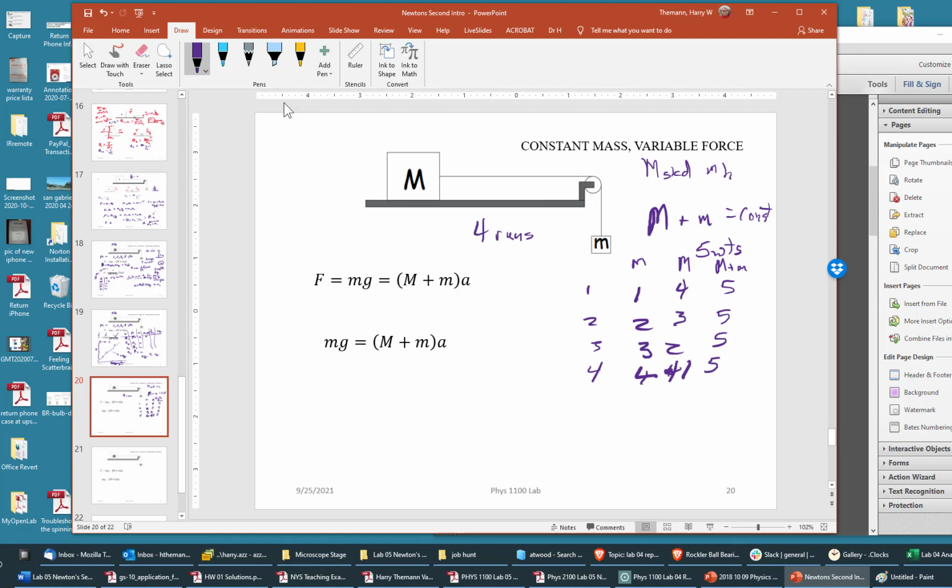Then again, for each one of those runs, we're going to get the S and T data, and then we're going to get A again, 4 A's again. And then what we do now is, this is our Y, this is our slope, I believe. Well, let's make sure. I might have done this wrong.